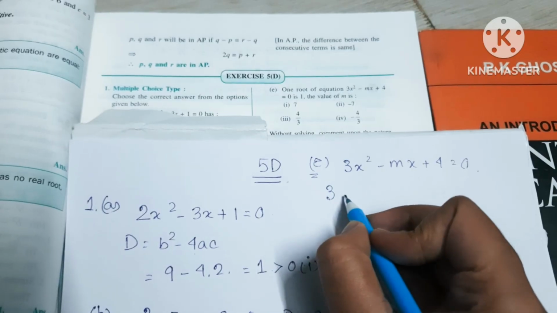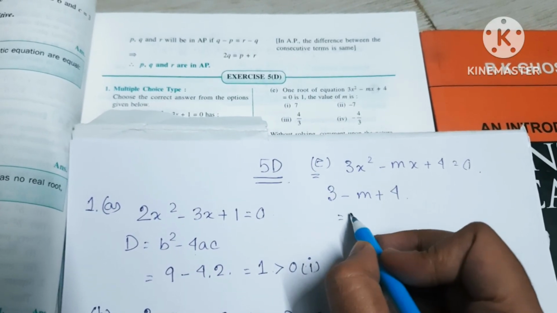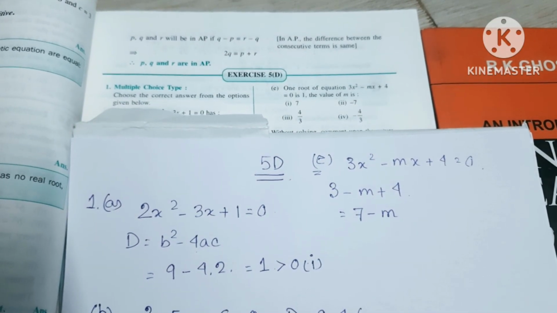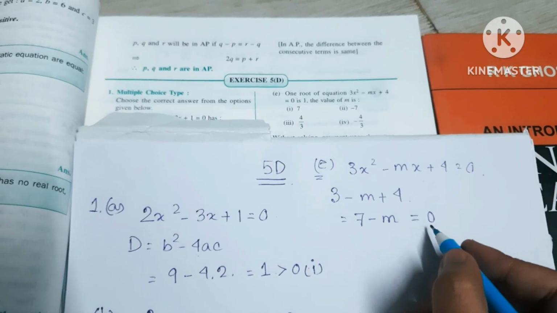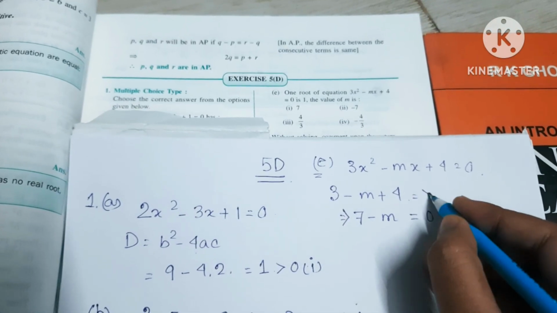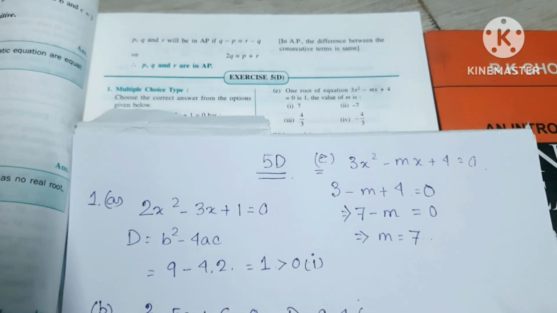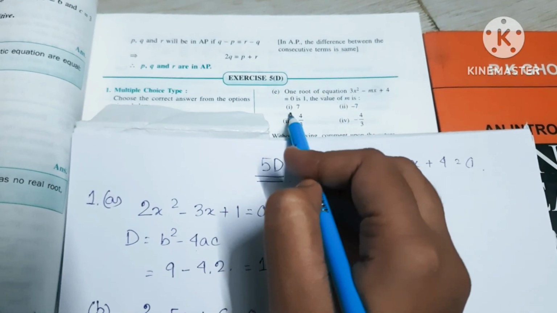You will get 3 minus m plus 4, so it will become 7 minus m. And it will be 0. 7 minus m equal to 0, so m equal to 7. So option 1 is the correct answer.